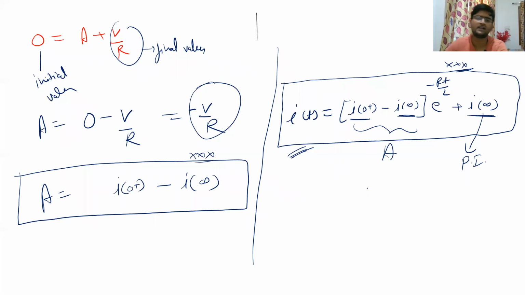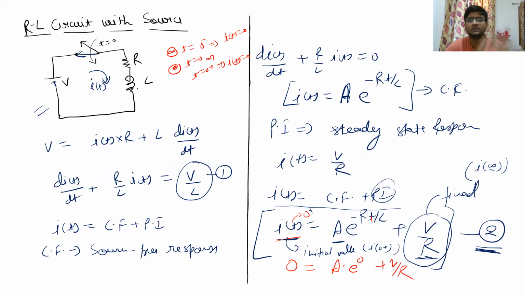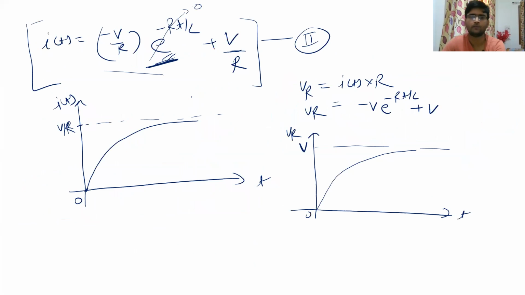It is very understandable, because in this circuit, when the switch is on, since the current was 0, the inductor will initially work as an open circuit, because it will not allow sudden change of current, and whatever voltage was in the source will appear across the inductor in the initial condition. So it will start from V and then exponentially decrease to 0, because obviously in the steady state the voltage across the inductor is 0, right?